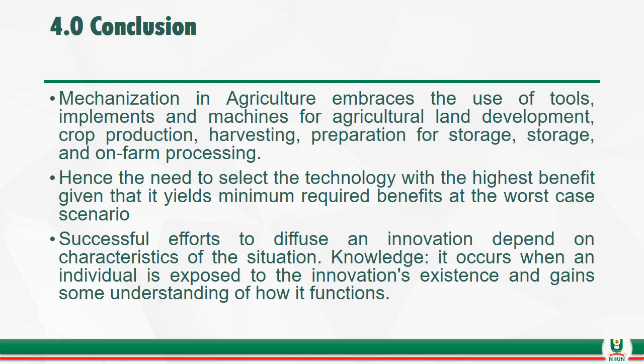And here we have the conclusion, which says that mechanization in agriculture embraces the use of tools, implements, and machines for agricultural land development, crop production, harvesting, preparation for storage, and on-farm processing. Successful efforts to diffuse an innovation depend on characteristics of the situation.